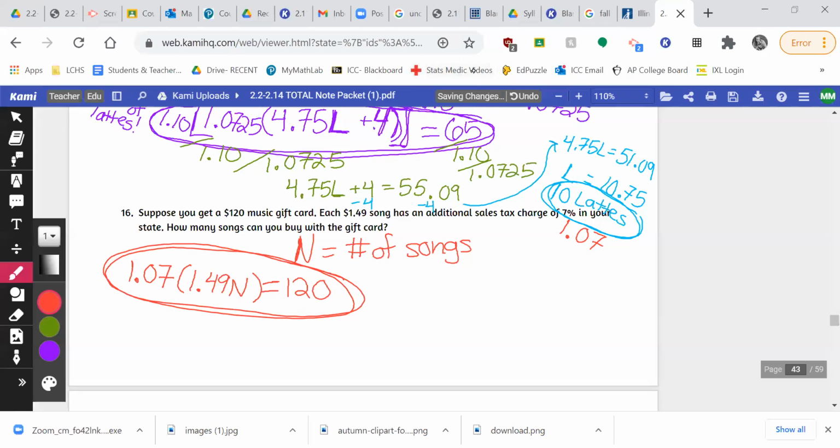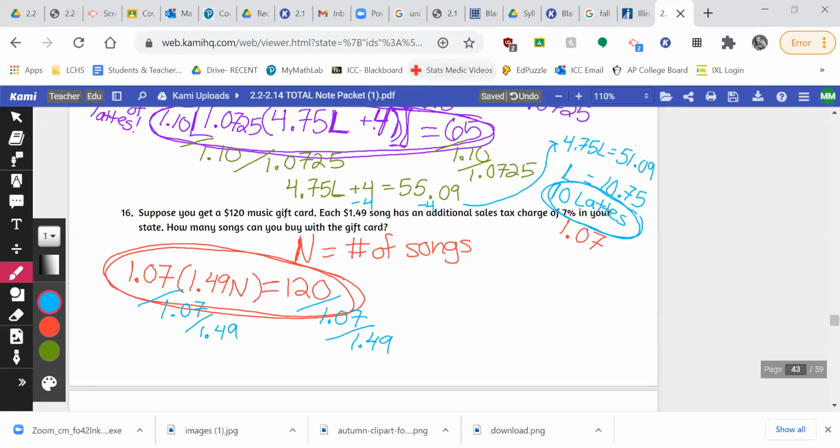Now with this one, to solve it, it's going to be nice and straightforward because you only have things being multiplied here. So you can take that shortcut of dividing by both of them. Just make sure you first divide by 1.07.